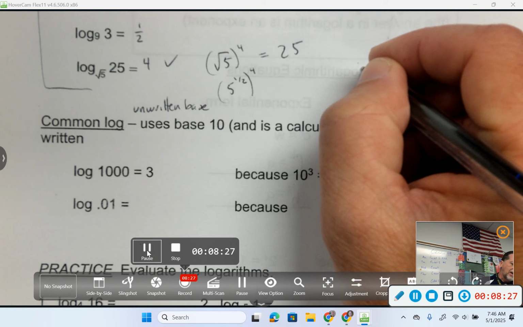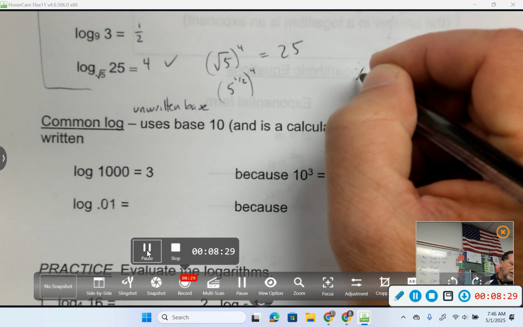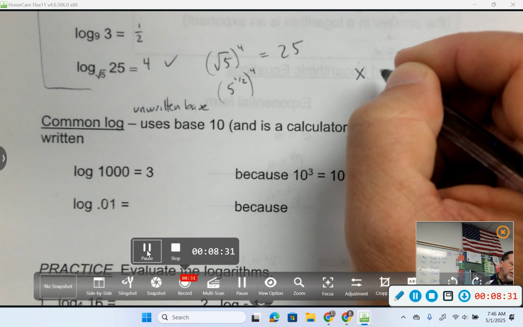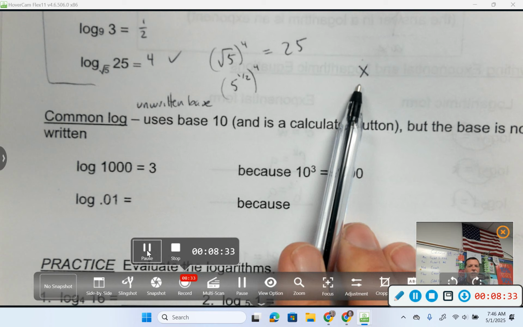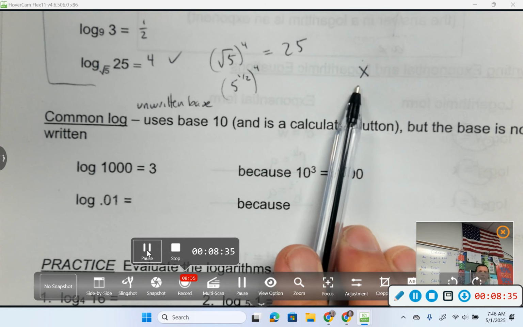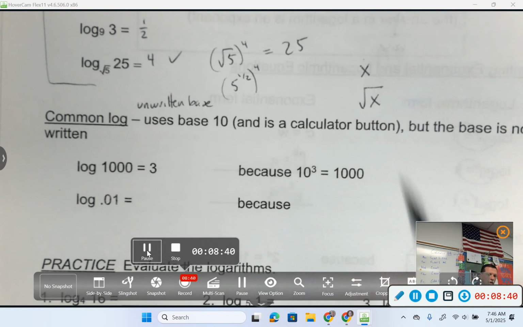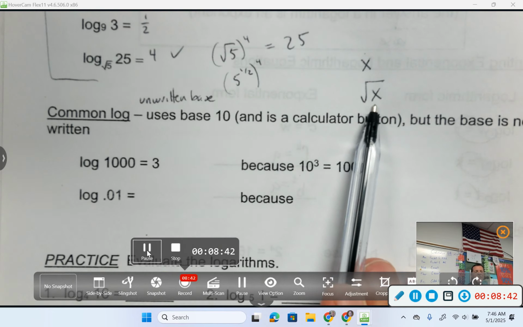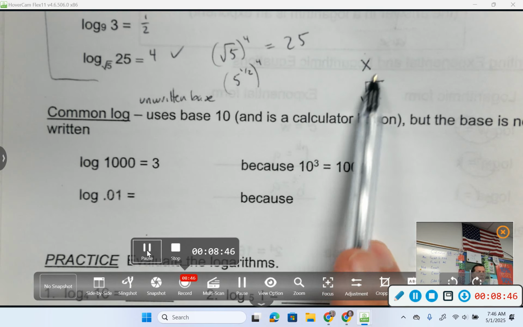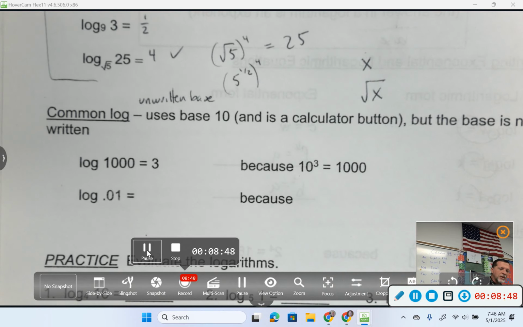Let's say we had x. What's the exponent on x? 1. 1, but it's not written there. What's the root of, if I write it like that? 2, right? So I don't have to write 2. So we're familiar with there being unwritten numbers in math.